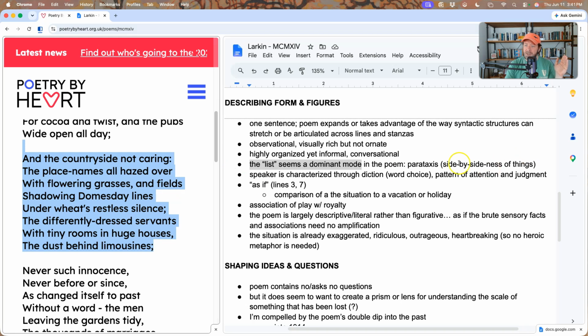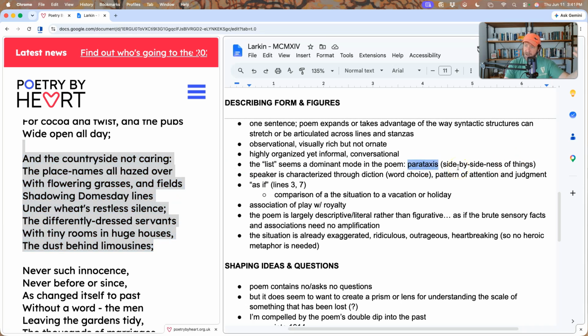I do mention there's a hint of parataxis here. Parataxis is a rhetorical figure where things are set side by side, but the connections between those things are obscured or taken out, so it's left up to you to think about what relationship there is among those things.